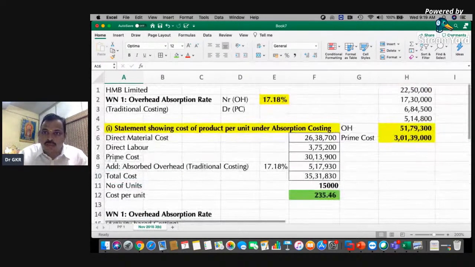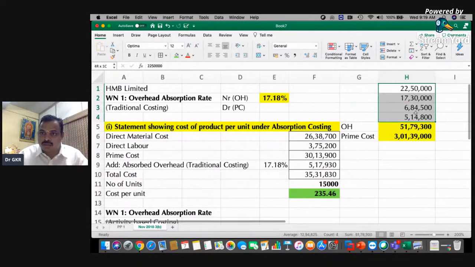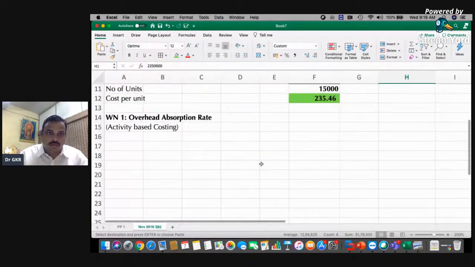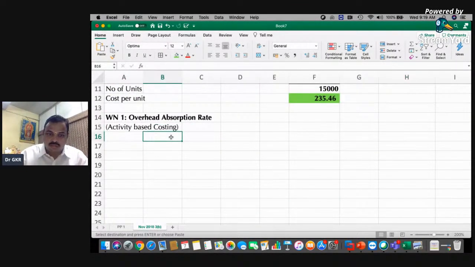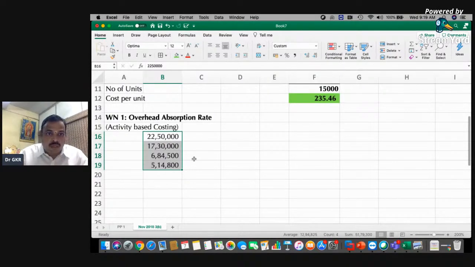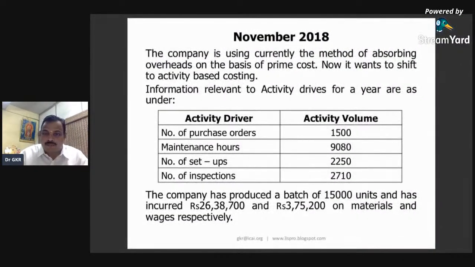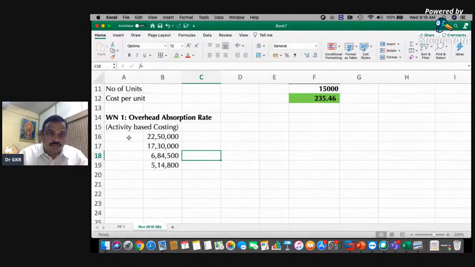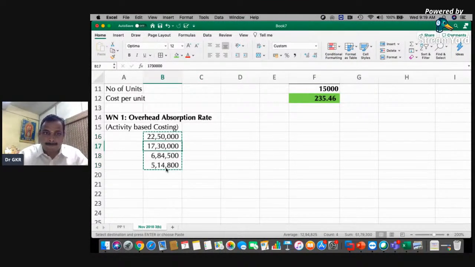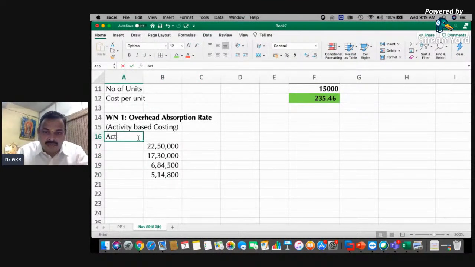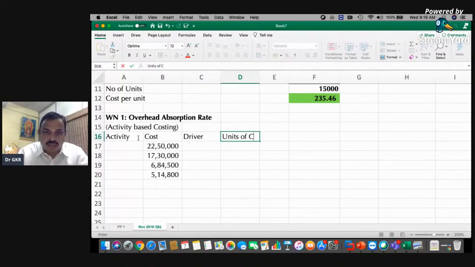So what are the 4 activities? These are your 4 costs. What are those 4 activities? Material procurement. So what is your activity? What is the cost? What is the driver? What is the units of cost driver?